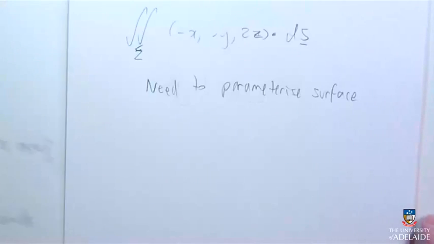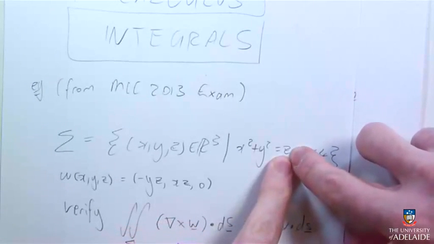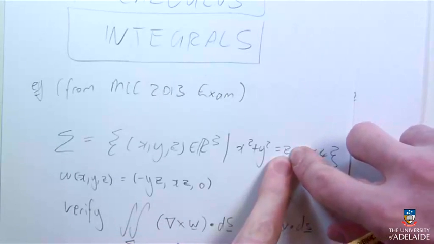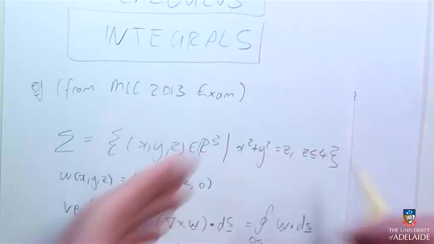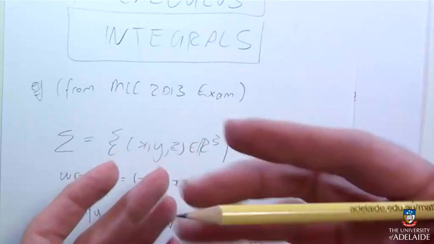So the best way is to imagine what that surface looks like. It's z equals, so I can imagine it as a function of x and y, meaning that there's an x and a y playing down the bottom, and then the z represents the height above that.